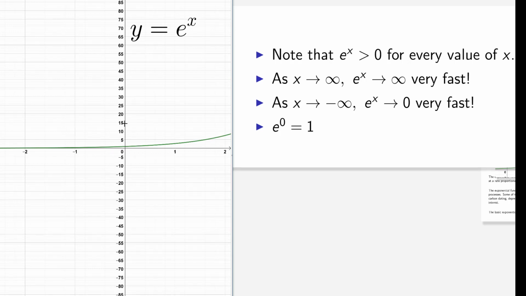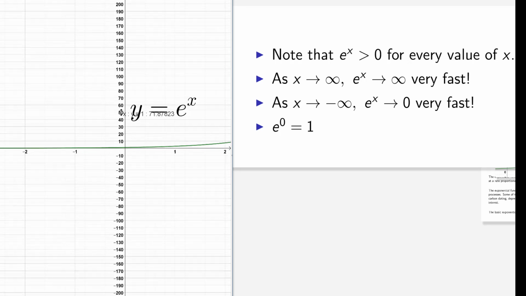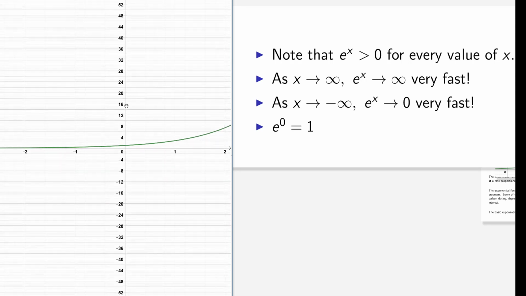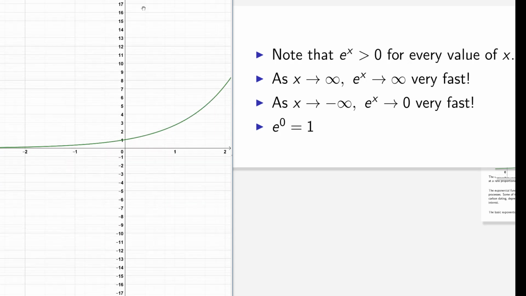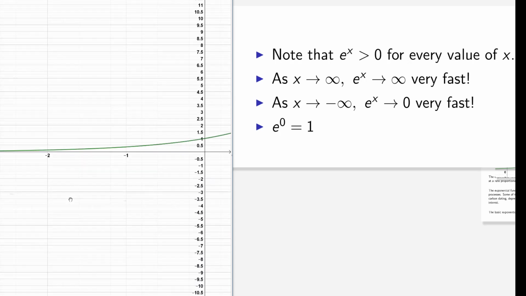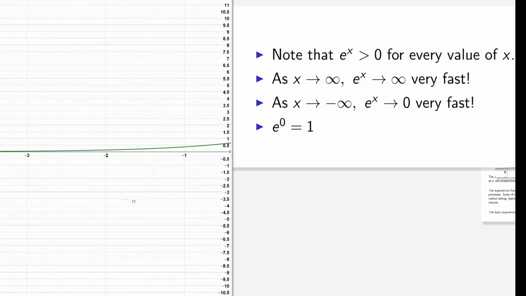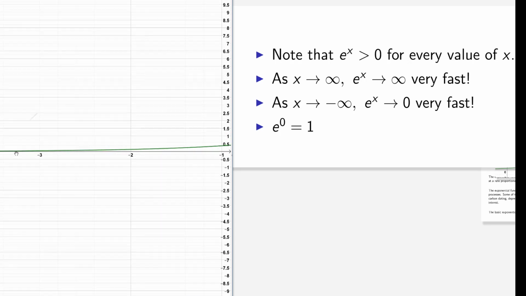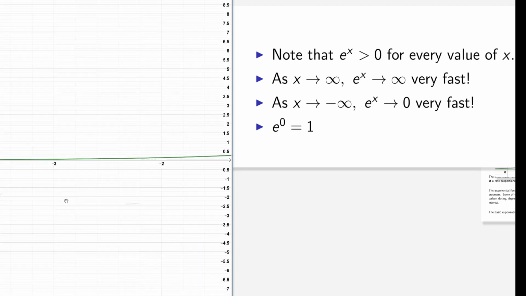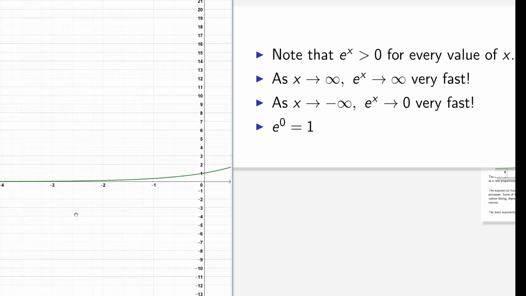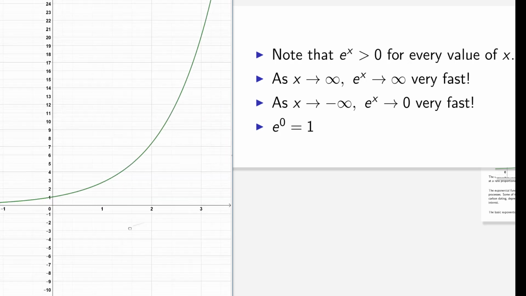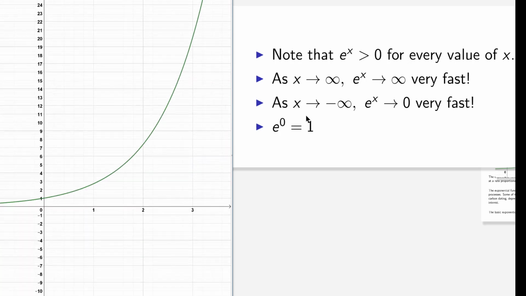If I condense this down and zoom in a little bit further, you're going to see that. As we zoom in and zoom in, you can see it gets close to 0, but never touches 0. All right, so that is an important concept as well. As the power of the exponential becomes more and more negative, the exponential itself approaches 0.